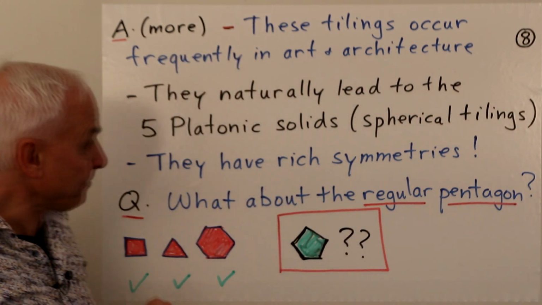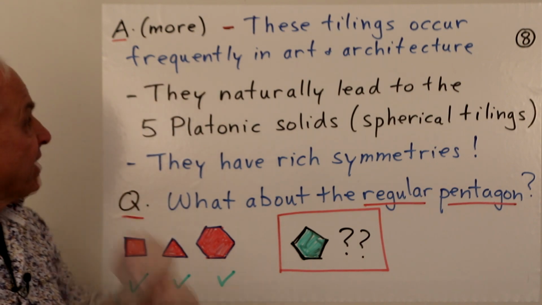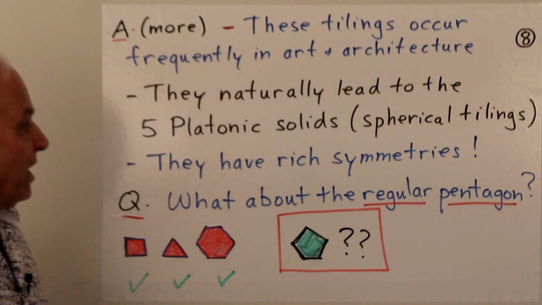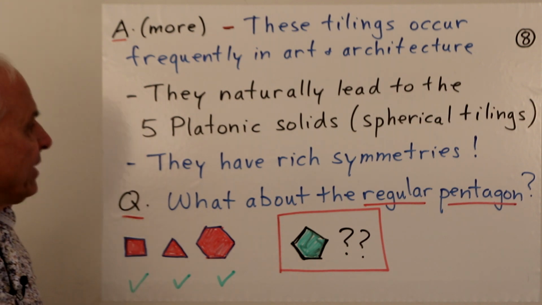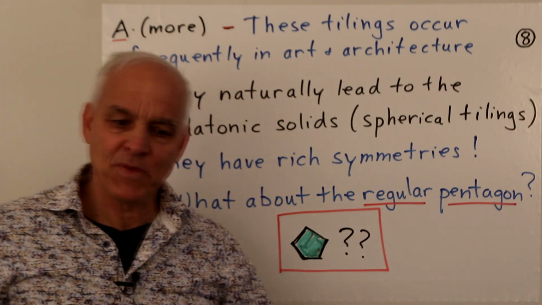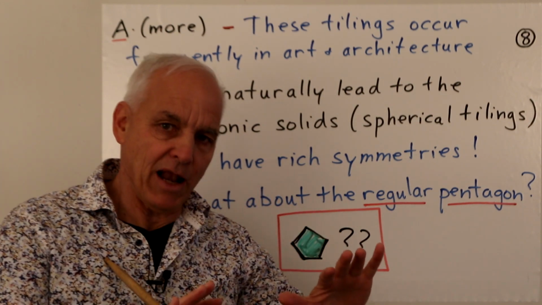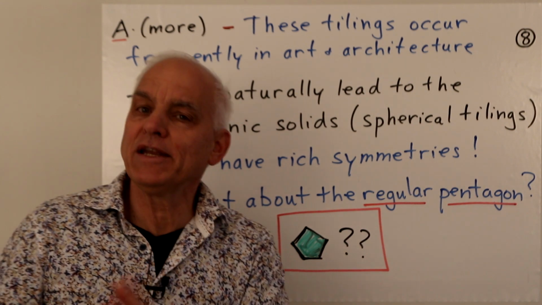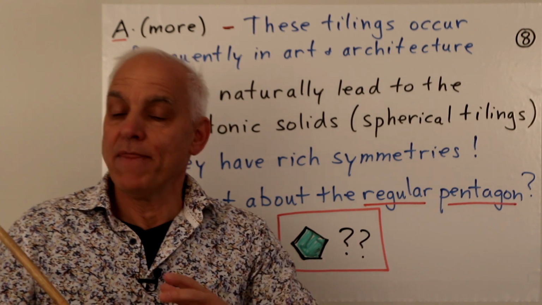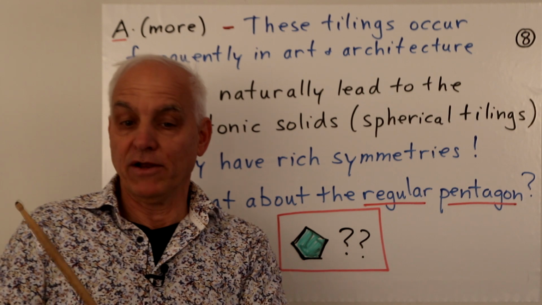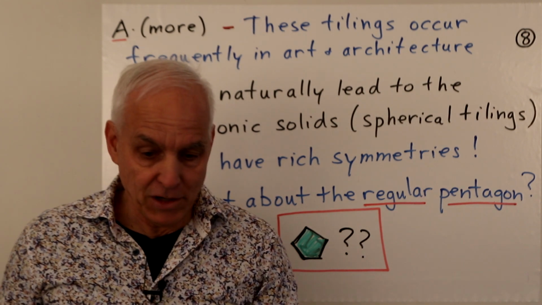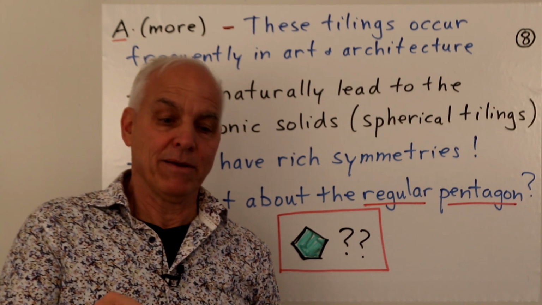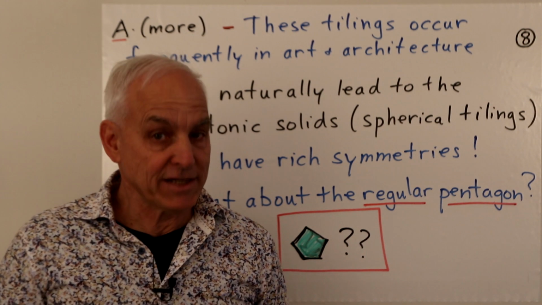Okay, but some other applications. First of all, these tilings occur frequently in art and architecture, so that's very nice. And they also naturally lead to the 5 Platonic solids. Once we've understood these 3 tilings in the plane, it's not a big step to ask, what are 3-dimensional versions of this? And that naturally leads to the 5 Platonic solids, which we will also have a lot to say about, which is another rich geometrical topic that primary school students should see and interact with.